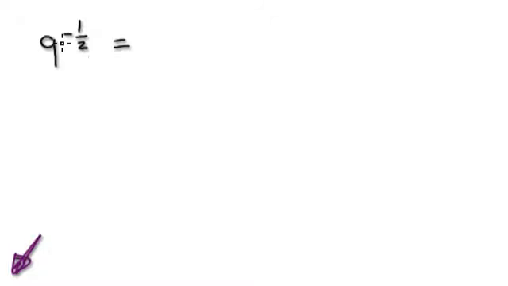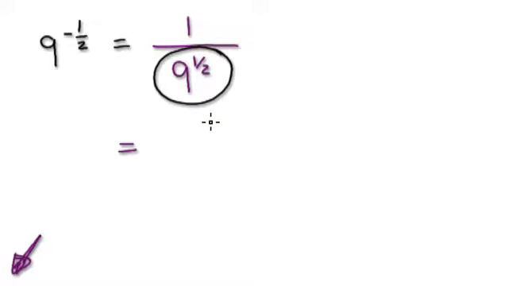Okay. The minute you see a minus, let's visualize it as 1 over 9 to the power of a half. So the minus sign goes, and it becomes this. Now try to evaluate this bit here. That is just a square root. Power of a half: when you have a power of a fraction, think of roots. In this case, it would be root.